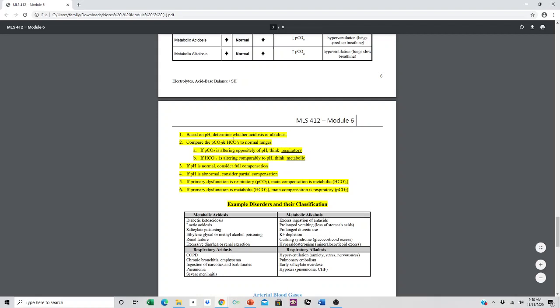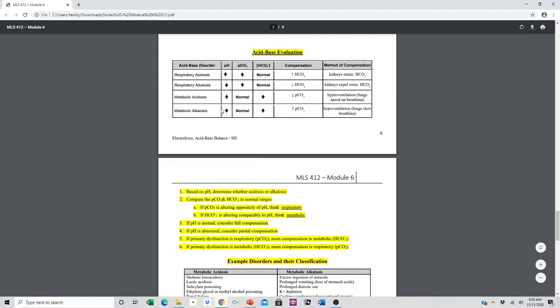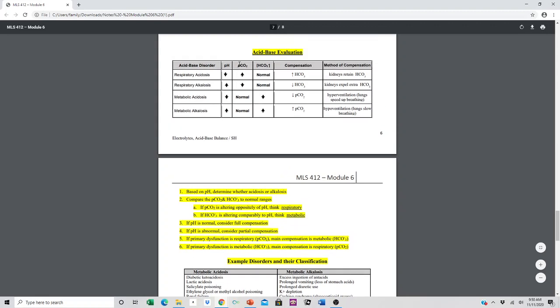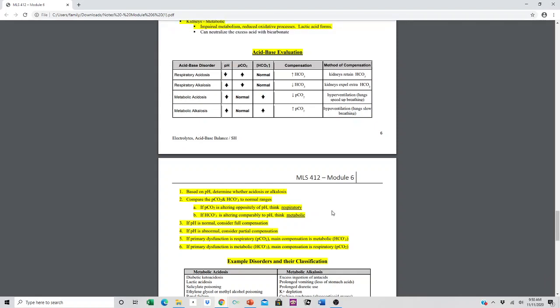So based on the pH, usually a question will give you a pH. You're going to determine whether it's acidosis or alkalosis. So if it's a 6.8 pH, then you know it's one of these acidosis states. If it's a 9 pH, you know it's one of these alkalosis states. If they give you lab work to look at, then you can start thinking about these columns to categorize it. So if the PCO2 is altering oppositely of the pH, think about what that means.